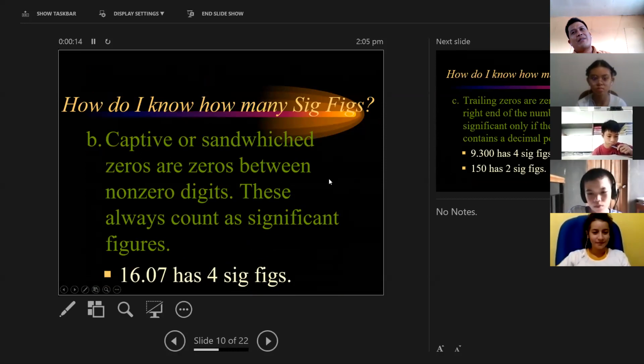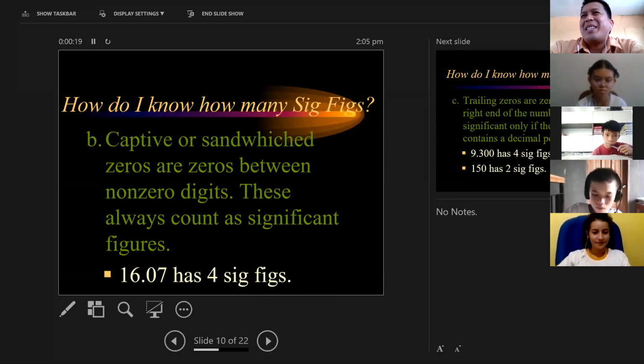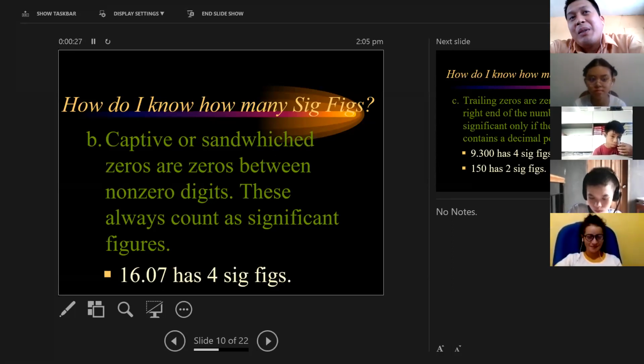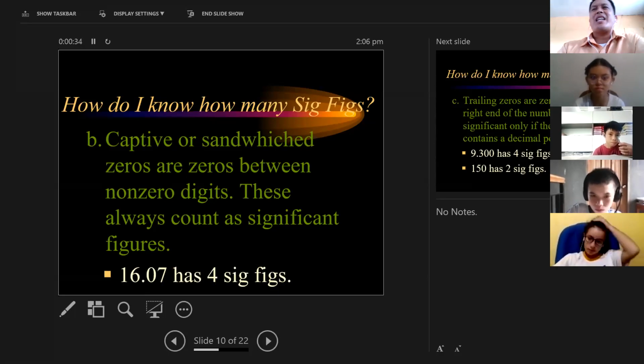And this is the one that I meant. Captive or sandwiched, the term is sandwiched. Zeros are significant. And that was rule number 2. What was rule number 2 again? Zeros in between non-zero digits are significant.